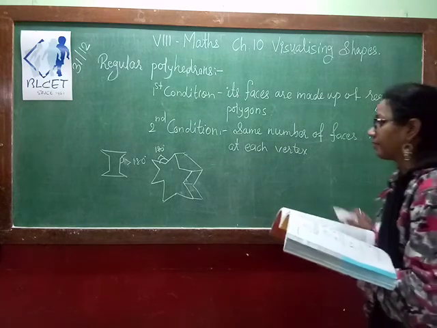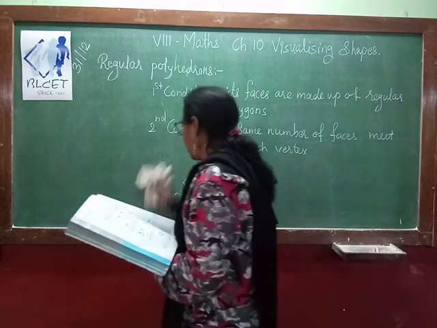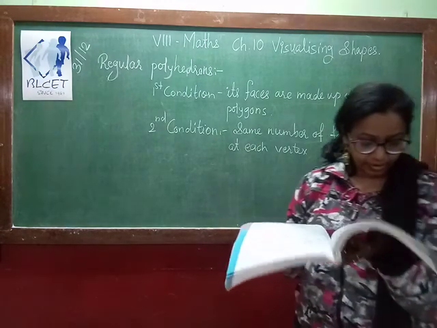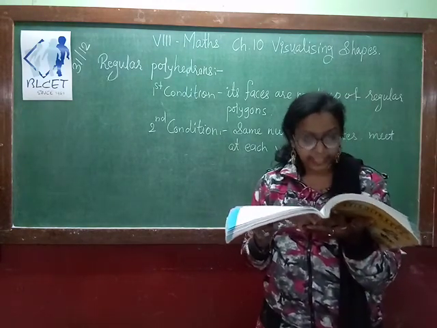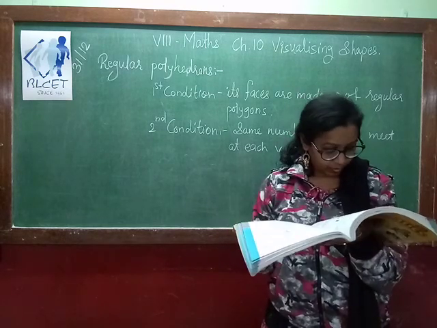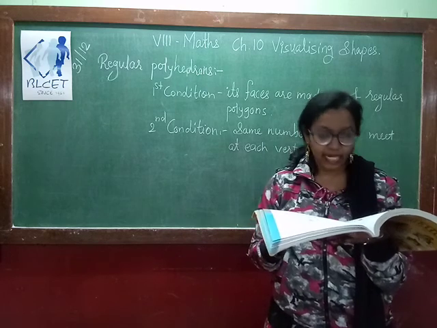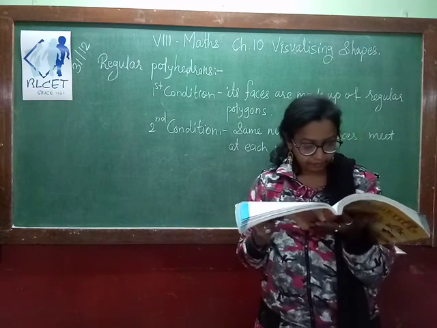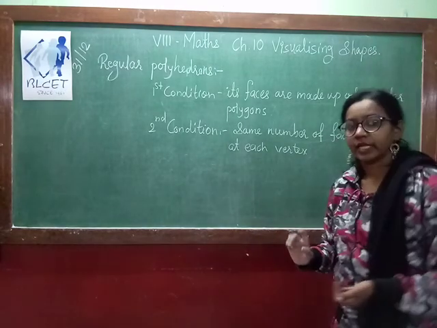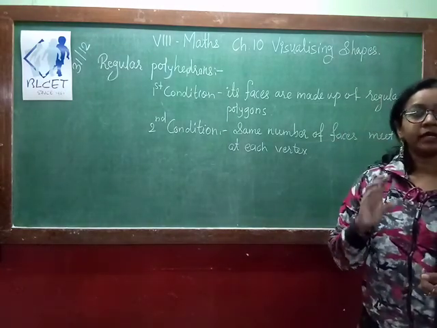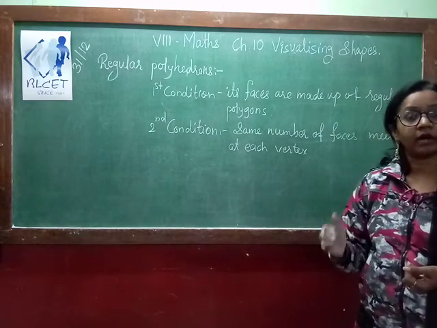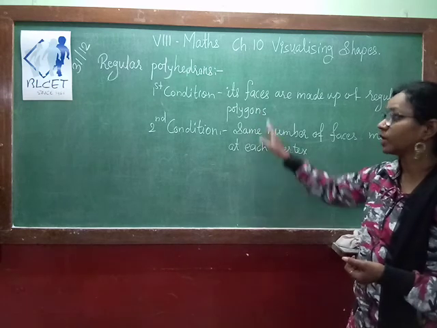Let's see what the definition is. I have divided the whole definition into two conditions. The definition is: a polyhedron is said to be regular if its faces are made up of regular polygons and the same number of faces meet at each vertex. Here, whether a given polyhedron is regular or not, you have to judge on the basis of these two conditions.